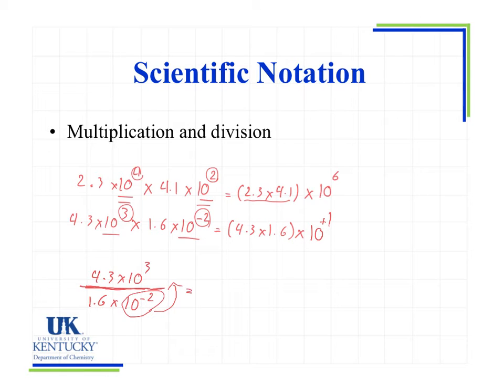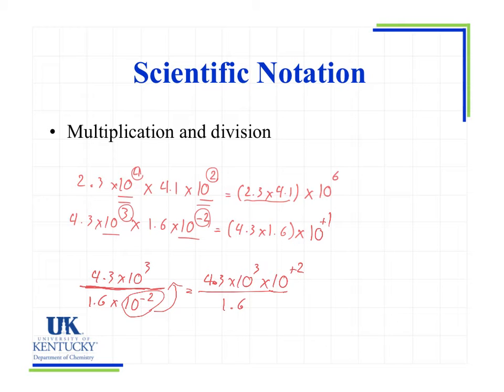So this is basically 4.3 times 10 to 3 times 10 to, now it's plus 2 because you're moving it to the top. It's plus 2, and 1.6 is still here. So now it's multiplication, you can just add them, or simply just subtract them. In multiplication, you add the exponent. In division, you subtract the exponent, okay?